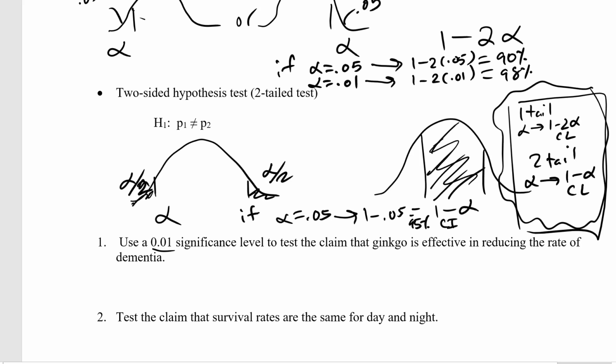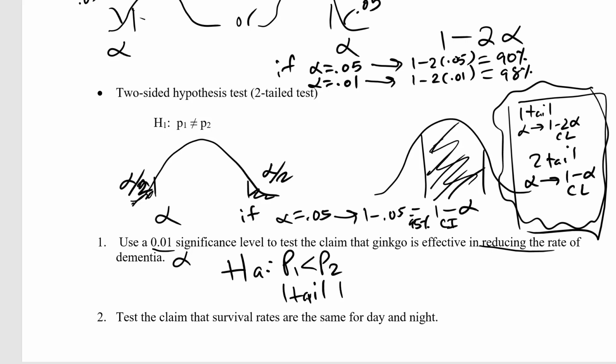Use a 0.01 significance level, by the way that is an alpha, right? Test the claim that ginkgo is effective in reducing the rate. Reducing the rate implies what is my test, right? My proportions, if I'm reducing, I'm lowering. This is not a two-tail test. Less than is a one-tail test.